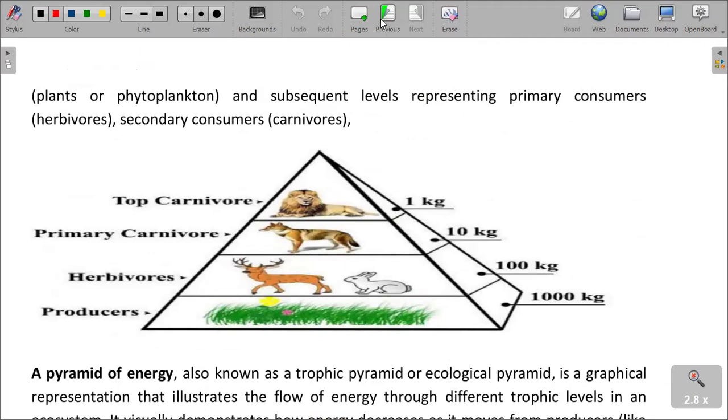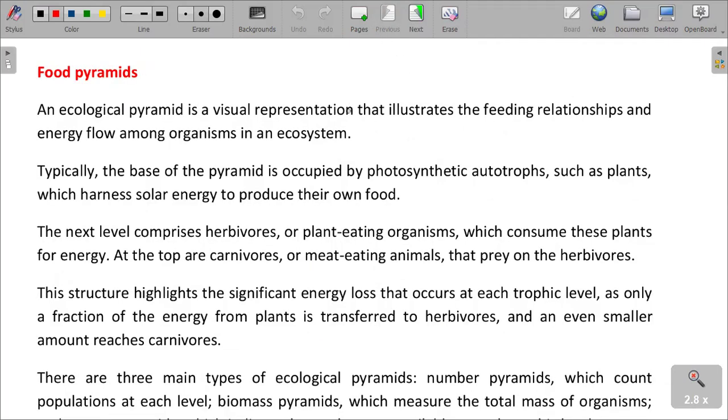Without wasting any time, a food pyramid is a visual representation, a diagram.